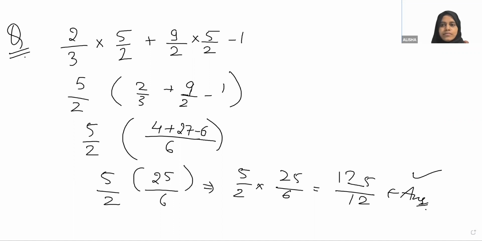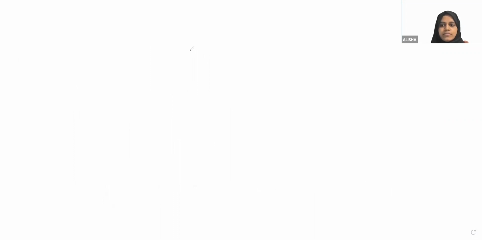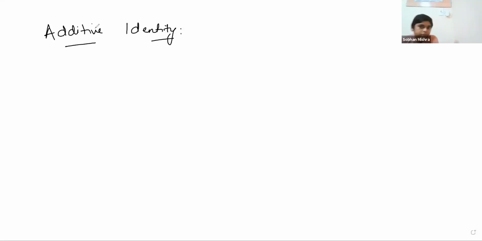Understood? Yeah. Okay, now the other thing came out to be additive identities. The additive identity is 0, right?